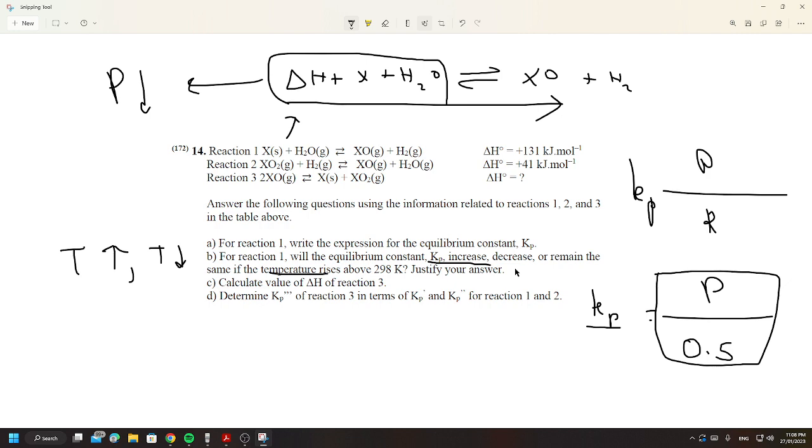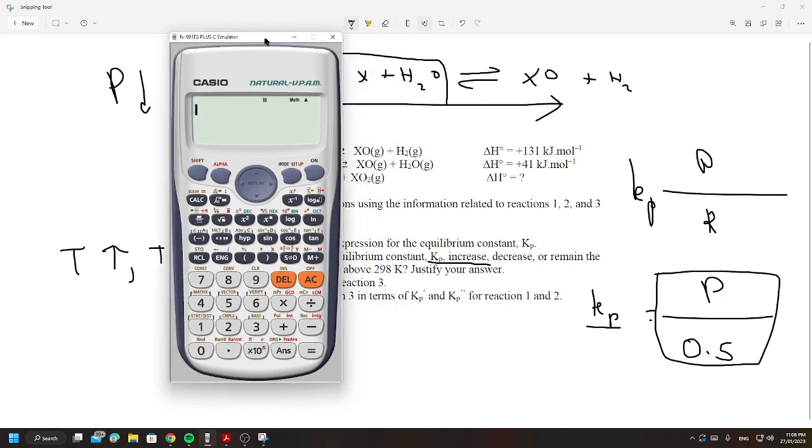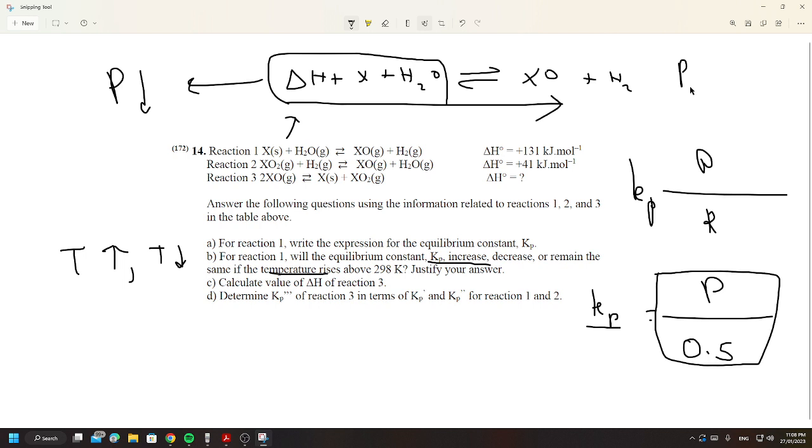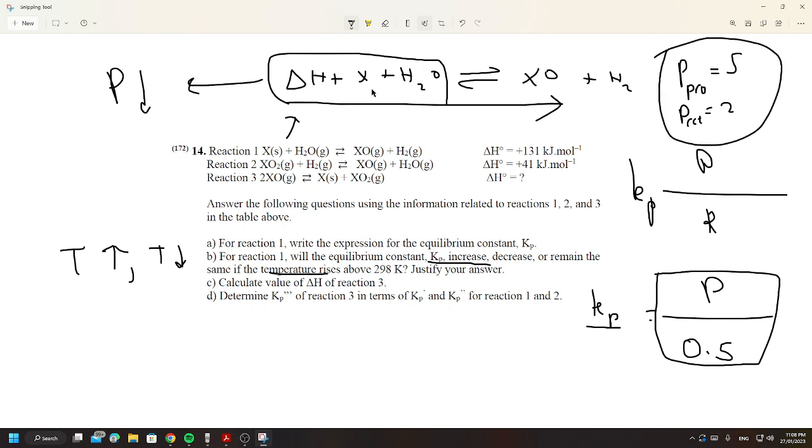If you divide by a smaller number, I'm going to give you an example. So let's assume that the pressure of product was equal to 5, and the pressure of reactant was equal to 2. But then after the reactants being consumed to form products, the pressure at equilibrium, so more products were formed.